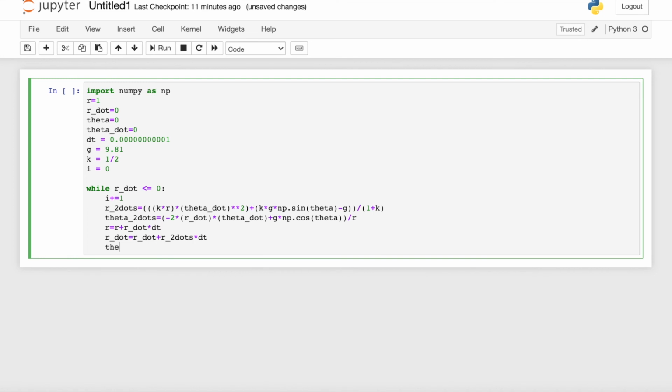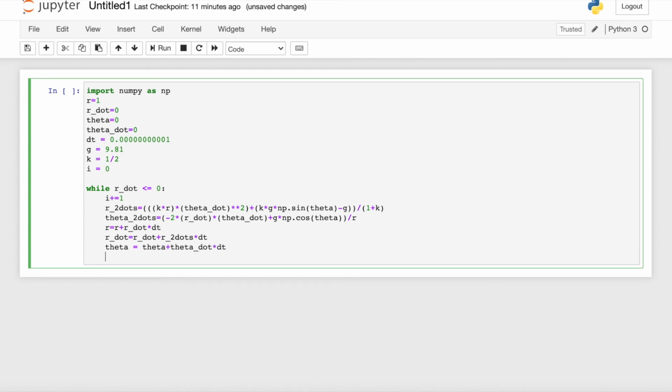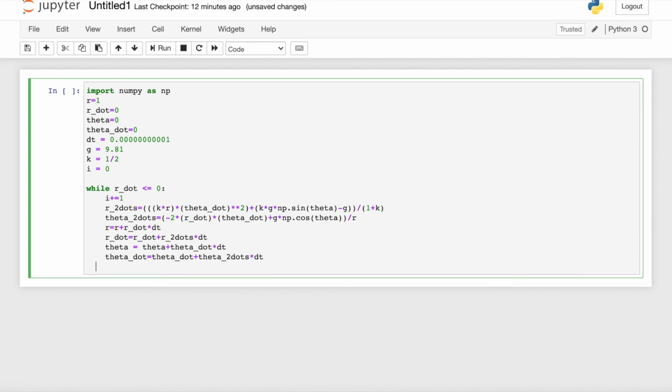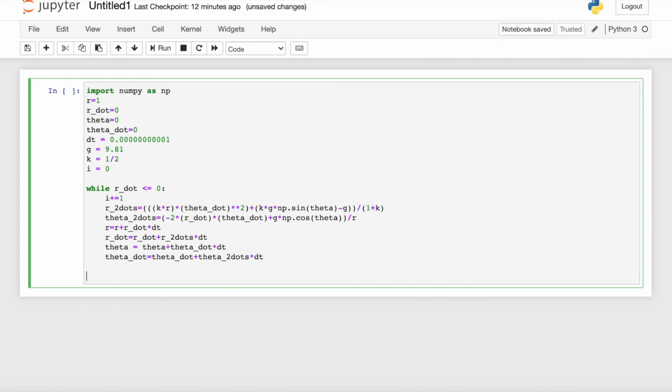And we can do the same for theta. So theta is theta plus theta dot times dt, and theta dot equals theta dot plus theta double dot times dt, like so. And we should be done.